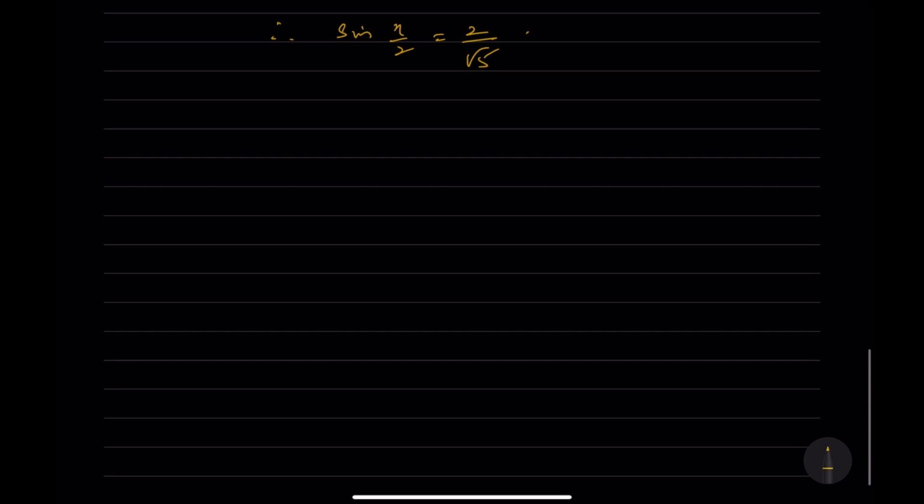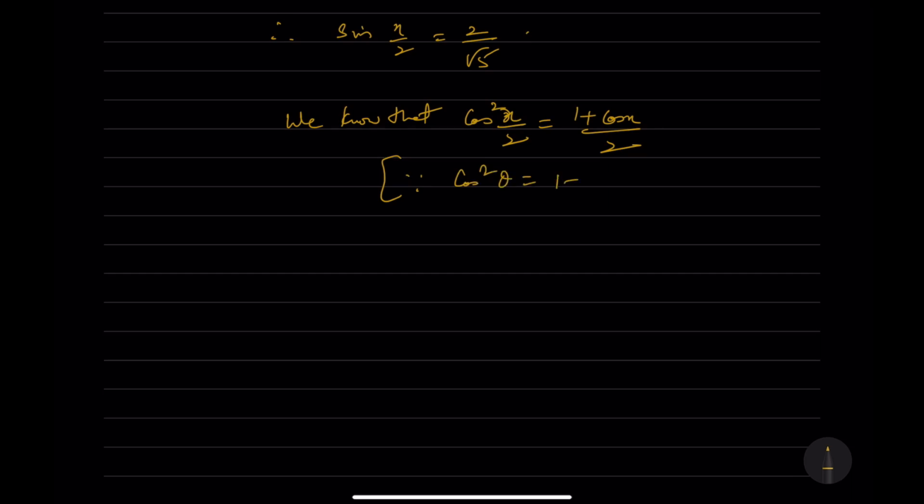So we also know that cos square x by 2 is equal to 1 plus cos x by 2, since cos square theta is equal to 1 plus cos 2 theta by 2.